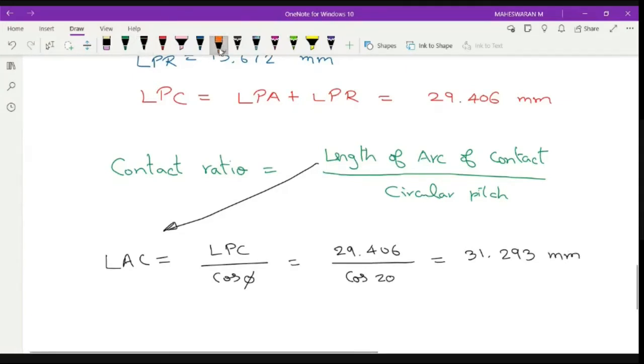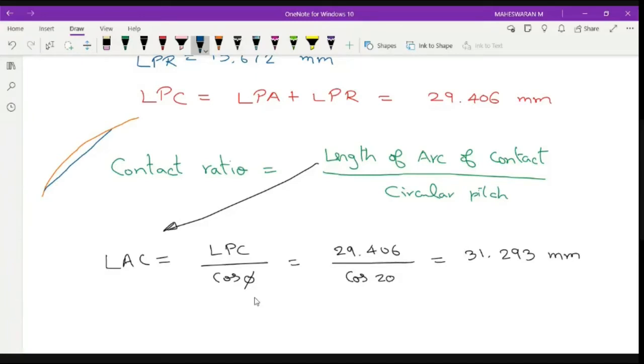Actually, as I told you, the contact is in terms of an arc, but we assume it as a line. That's why the length of path of contact will have a lesser value when compared to the arc of contact. Actually, if you look at the arc, it is a higher length when compared to this path line.